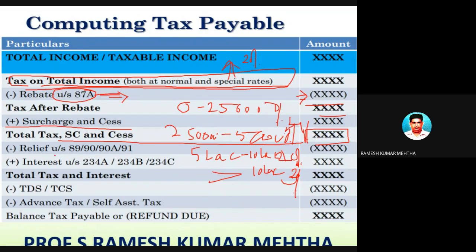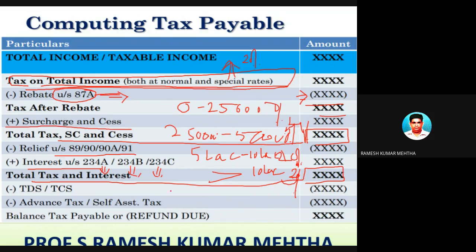Now after that you can show or deduct relief under section 89, 90, 90A and 91, and you have to add interest for any charges by the income tax department because of provisions 234A, 234B and 234C. So you have to add, and finally you will get total tax and interest paid or payable.